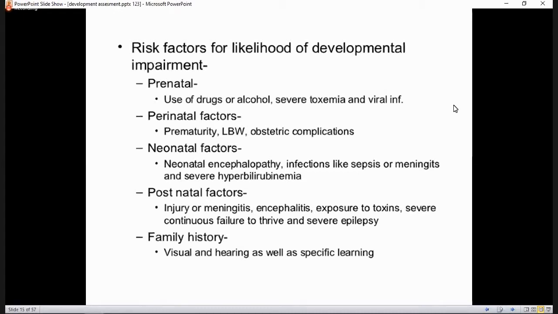Family history of hearing or visual loss is also a risk factor. That should be evaluated.